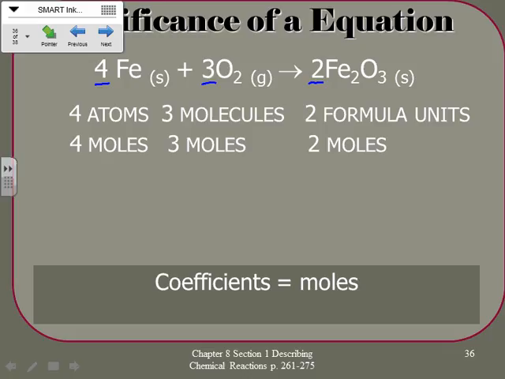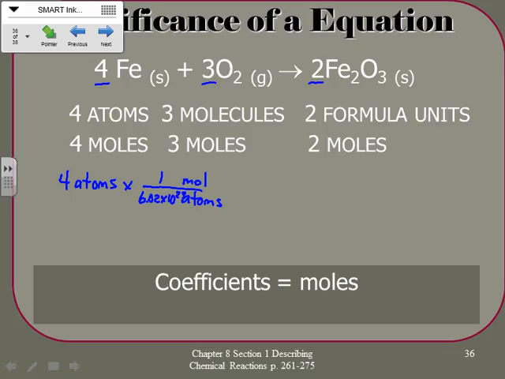So I just need you to know that's going to be a mole ratio as well. The reason why is because all 3 of these are related to the number 6.02 times 10 to the 23rd, okay? If I wanted to figure out how many moles I have here, this is a little more detail than I wanted to go into, but you remember if you change atoms to moles, you put atoms on the bottom, you put moles on the top, right? And then you've got 6.02 times 10 to the 23rd atoms in 1 mole, okay?